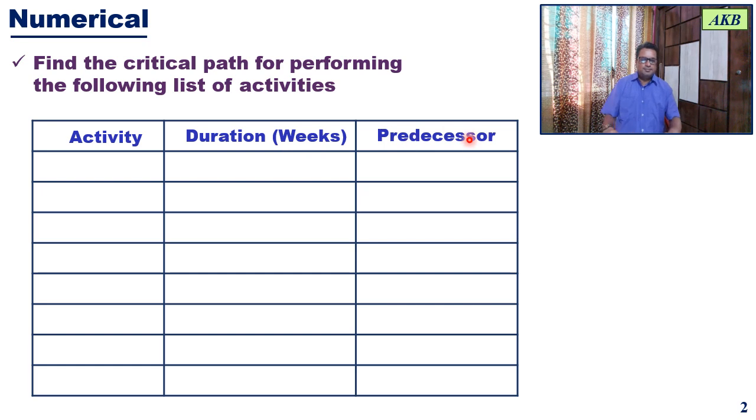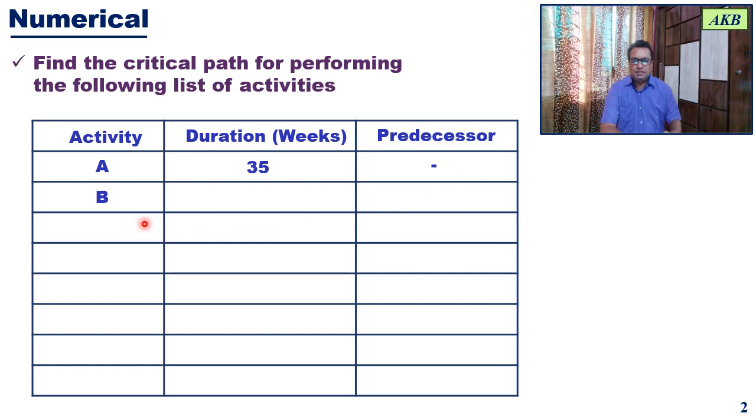And then we are also given information about the predecessor activity for each activity that is listed in column number 1. So let us understand. The first activity in the list is activity A. It is going to proceed for 35 months, and there is no predecessor activity to this activity.